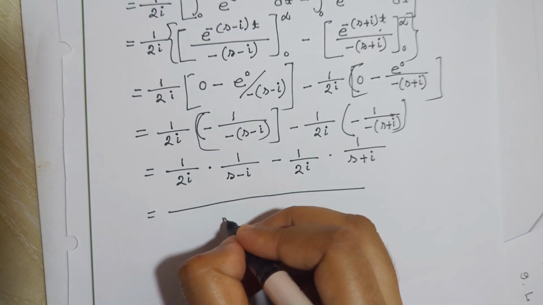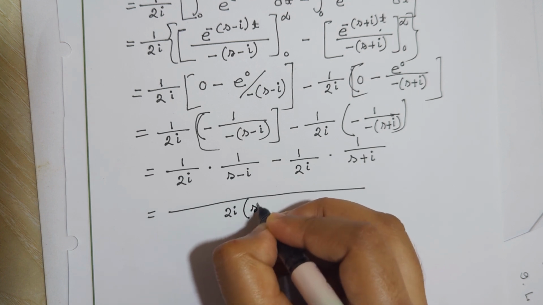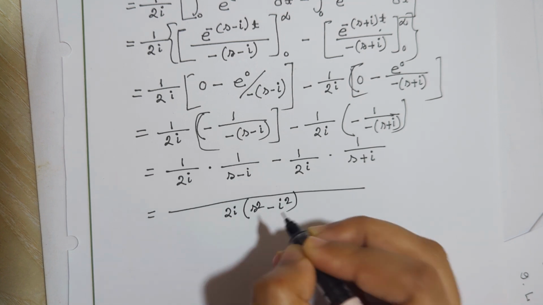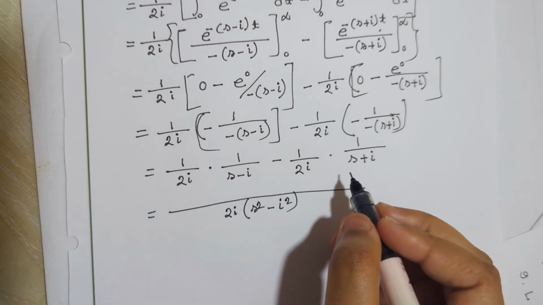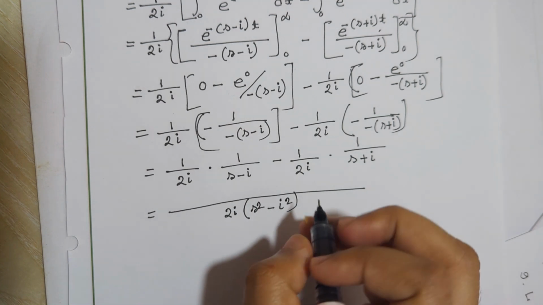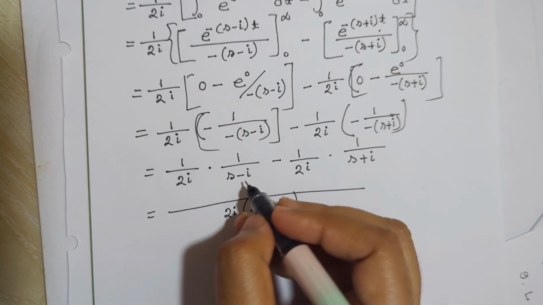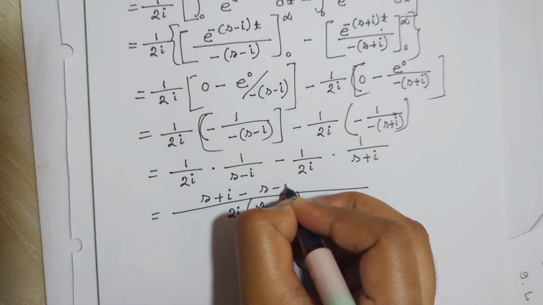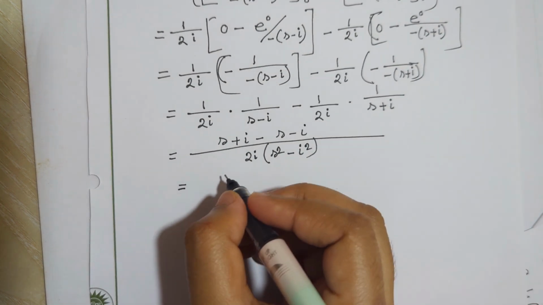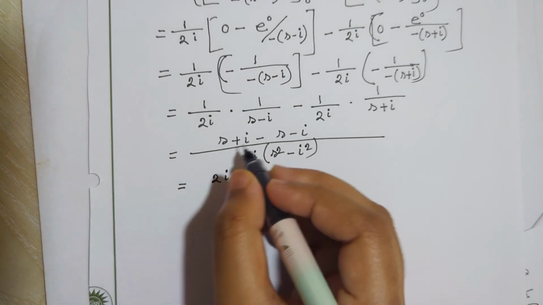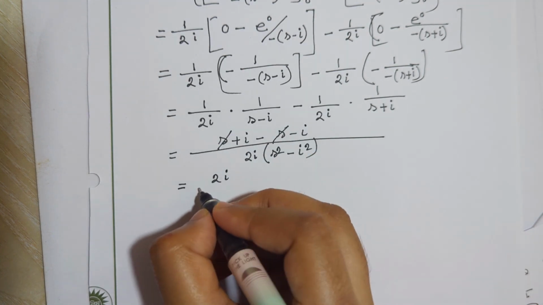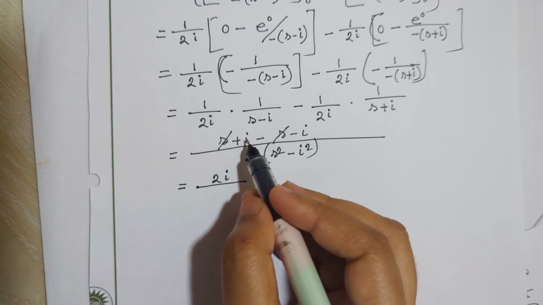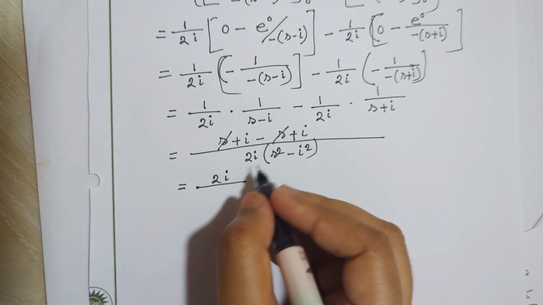Now if we calculate this, then s minus i times s plus i gives s square minus i square, and in the numerator we get s plus i minus s minus i. So the ultimate value will be 2i, because the s terms cancel out, and sorry, here it will be plus, so 2i.